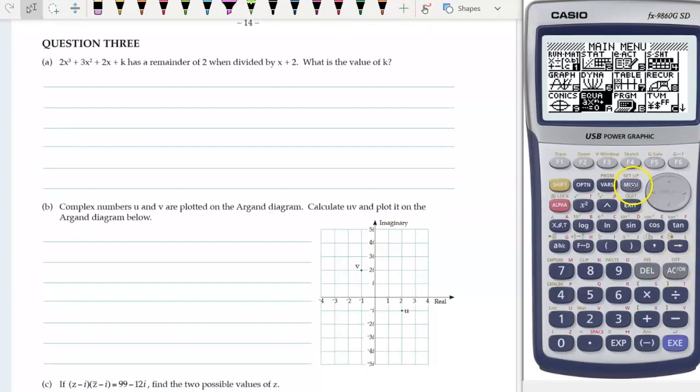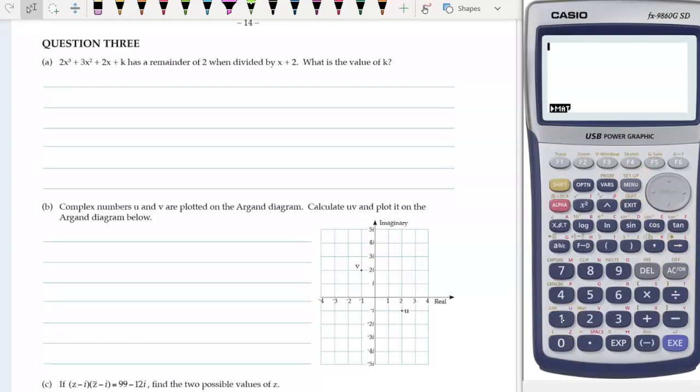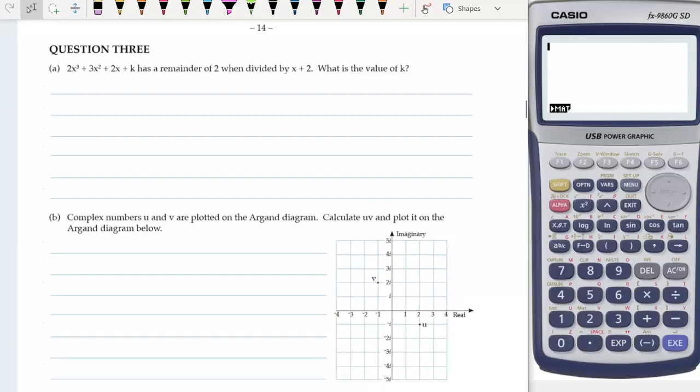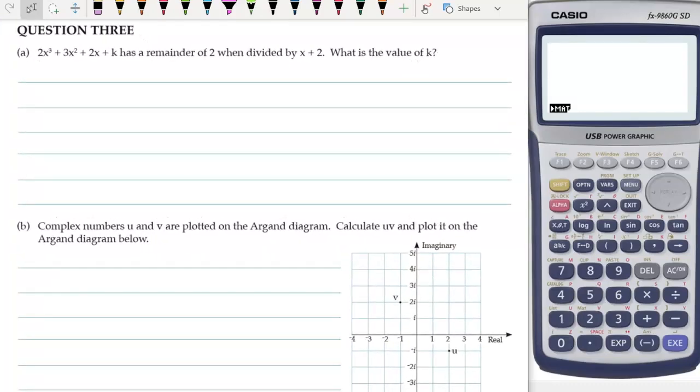Okay, question 3. We are told that we have a remainder of 2 when this is divided by x plus 2. This means we're doing the factor and remainder theorem, so if x plus 2 is being divided, then we try the root of minus 2. So I'm putting in minus 2 for every x.